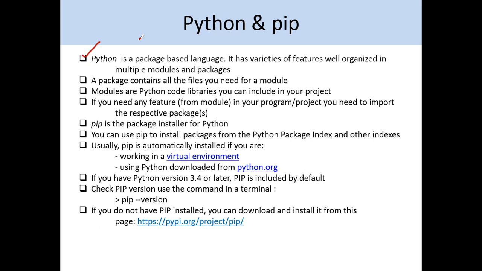Just like that, with Python, as I told you in the previous slide, we can do lots of things like machine learning, data analysis, IoT, GUI, web development, mobile applications. But how can we do that? For each individual subject, each individual topic, we have lots of different packages in Python.